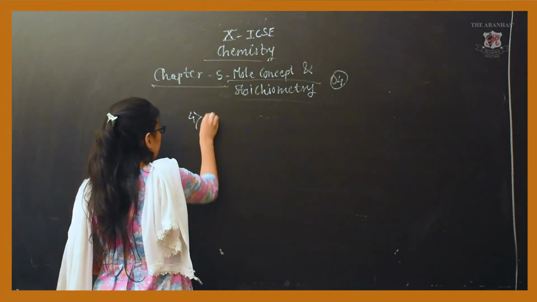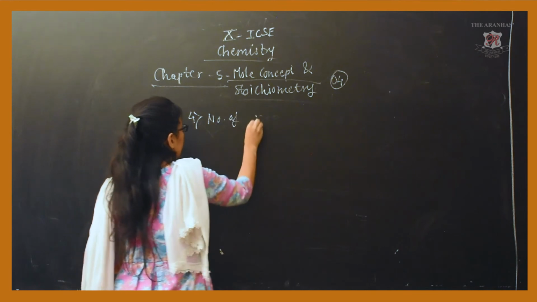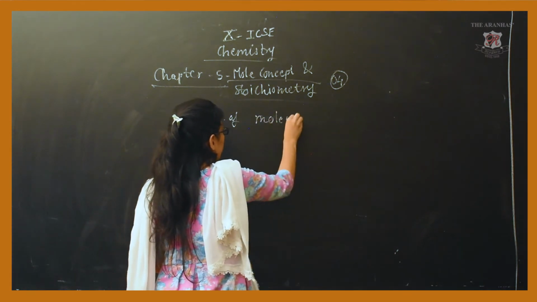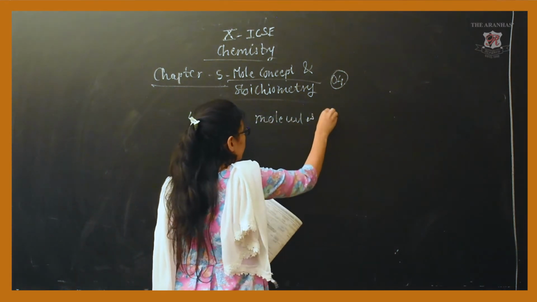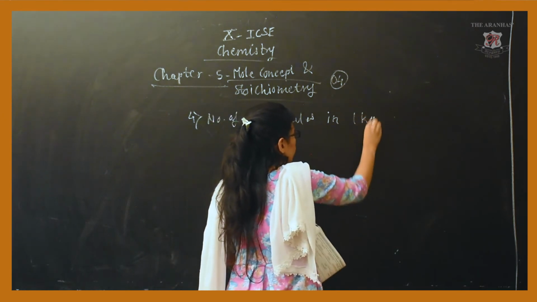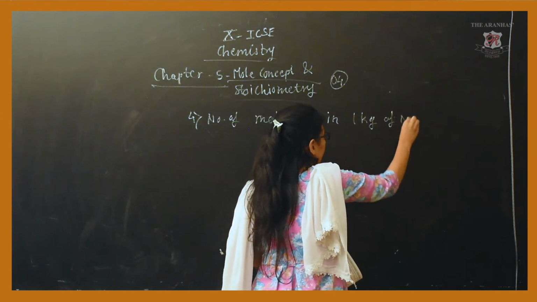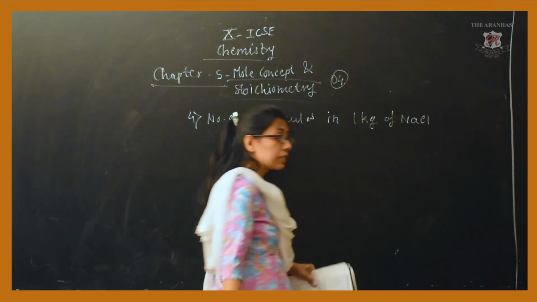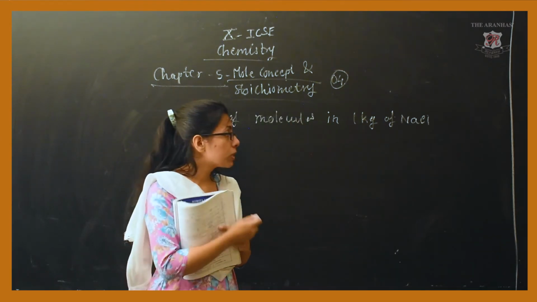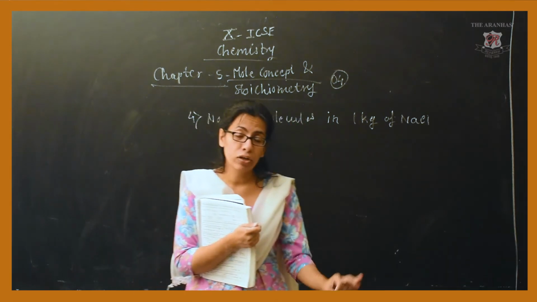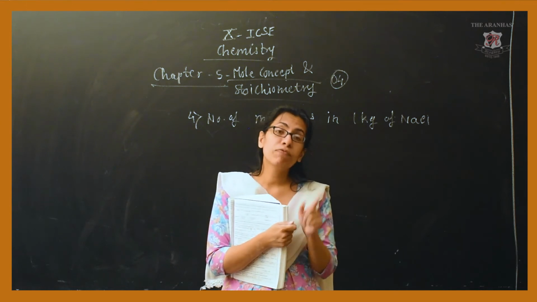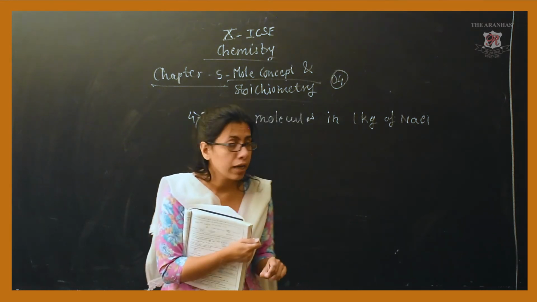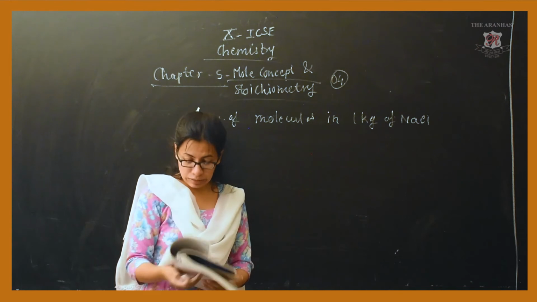Calculate the number of molecules in 1 kg of NaCl. NaCl they have not given. They have just mentioned sodium chloride. So you should know what is the formula for sodium chloride. Very easy, it is NaCl.